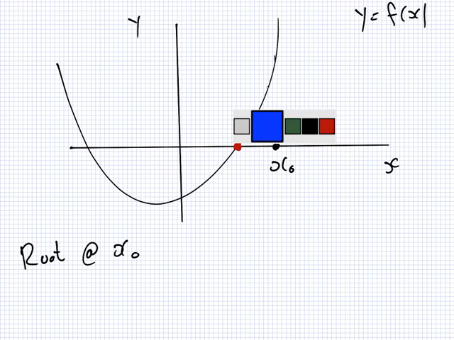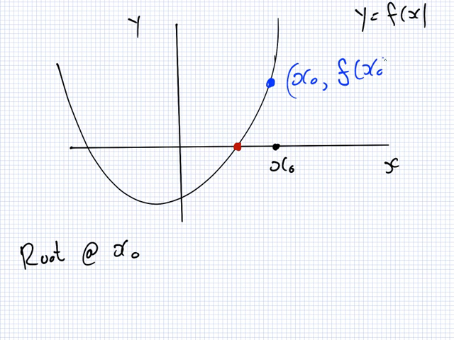So what is this point here? This is the point (x0, y0), or (x0, f(x0)). Now, you really wanted this to be 0, which would mean you're at the root. Is it 0? No. So we failed to get the root, but that's okay, because there's a trick.